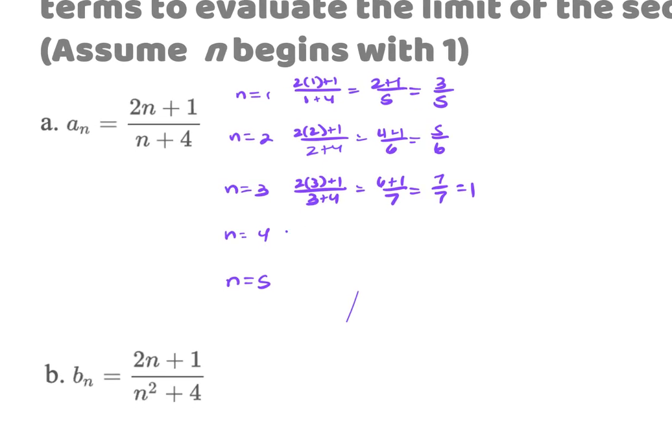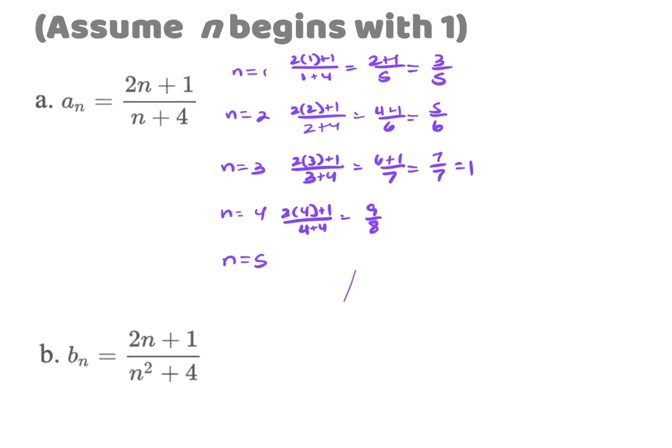Plug in 4. 2 times 4 plus 1 over 4 plus 4: 9/8. Plug in 5. 2 times 5 plus 1 over 5 plus 4: 11/9.